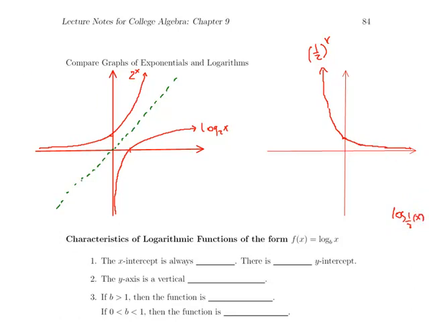Well, by that same principle, it's going to be a reflection about this diagonal, which means it's going to look something like this. It's going to be close here, and then grow something like this. There is your log base 1/2 of x. It's basically taking the log base 2 of x and mirroring it about the x-axis.